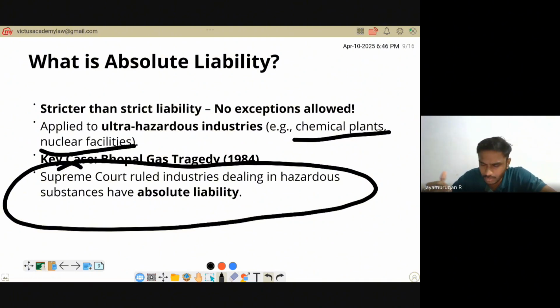The leakage resulted in the death of over 3,000 people, and also long-term health problems for many more. After this disaster, the government of India enacted the Bhopal Gas Disaster Act 1985, after which the case was brought to the court.